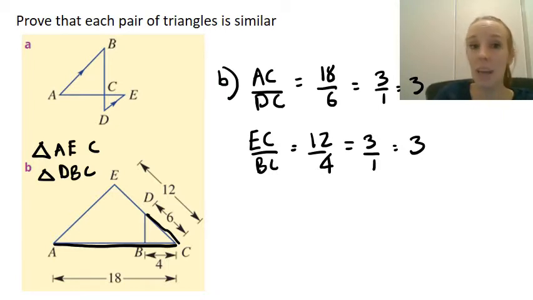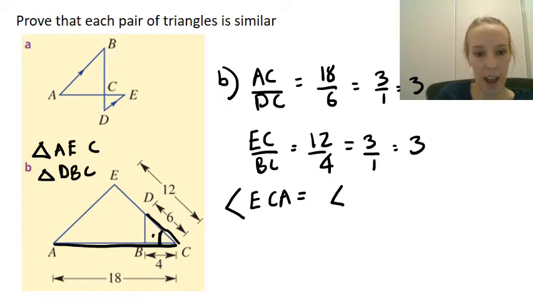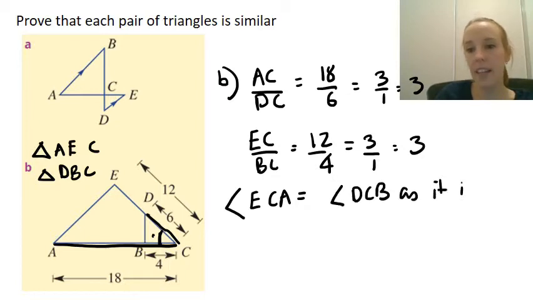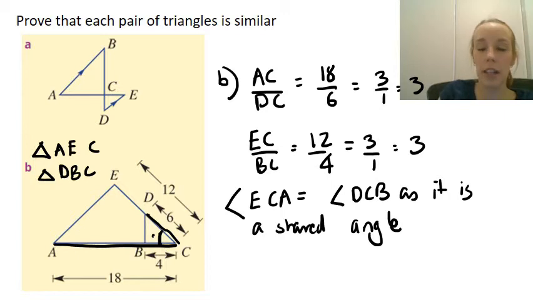And the last thing that we've got here is that they have an angle in common. Angle ECA is equal to angle DCB, as it is a shared angle. So now we've got a side in common, another side in common, and in between those two sides we've got an angle.